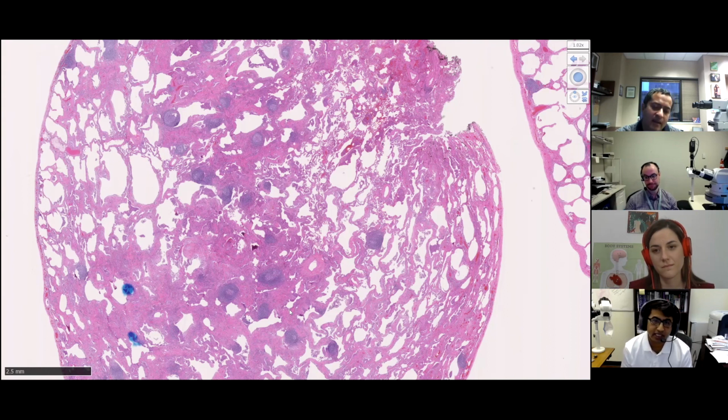But it wasn't called IPF at the end of the day? No, it was not called IPF because there were signs of an alternative diagnosis according to the ATS guidelines. Again, that's another big talk. We'll leave that for another session later.